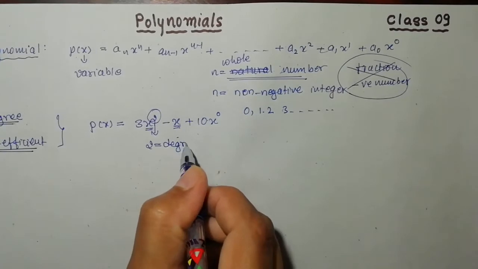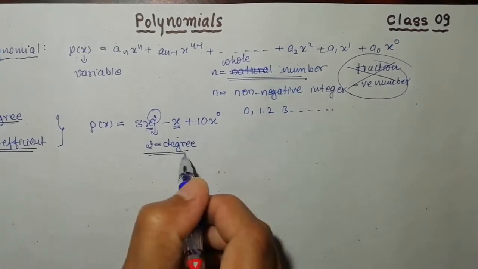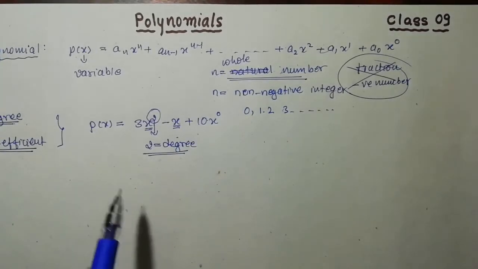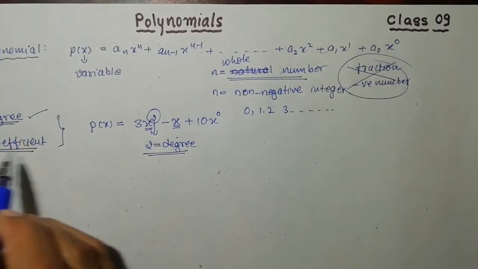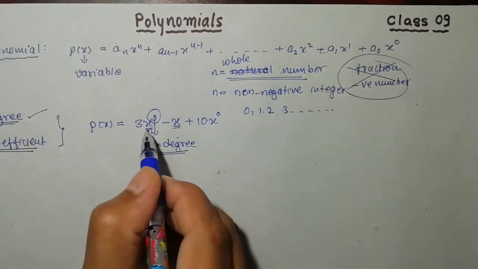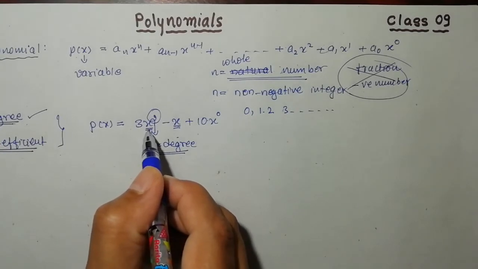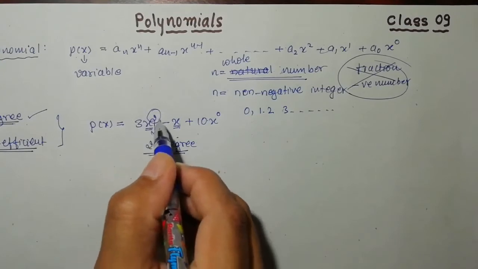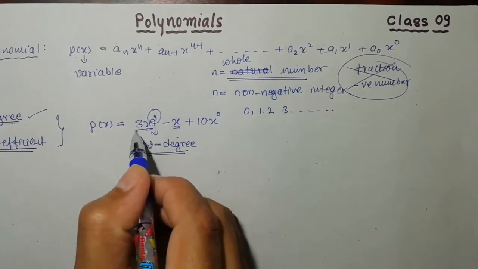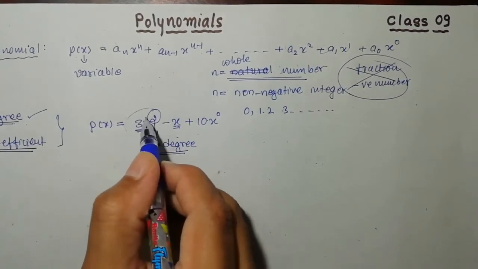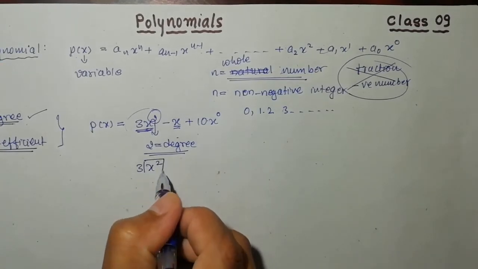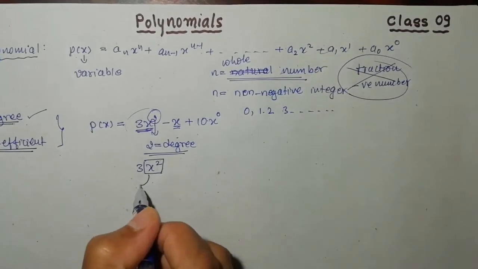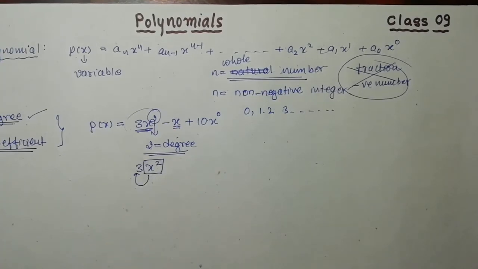So 2 is called the degree of the polynomial. Remember, the highest exponent of the variable in the given polynomial is called the degree of the polynomial. And coefficient means, beside each variable, in this term 3x square, if we treat this as one term, along with the variable one number will be present beside the x square.